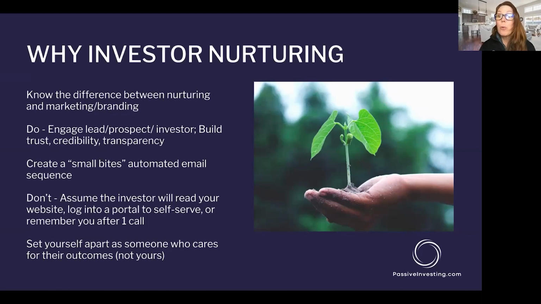How are you going to stand out from the rest? Again, it's being that person that's going to serve. Not just being the one that says, I'm going to send you an email and, yo, we're done. So make sure that you're not assuming that the investor knows what to do next and that they're actually going to do it.